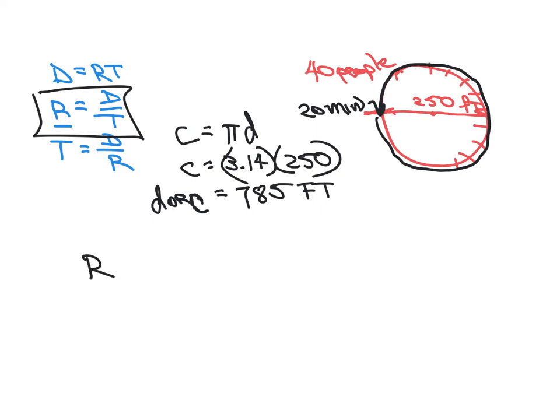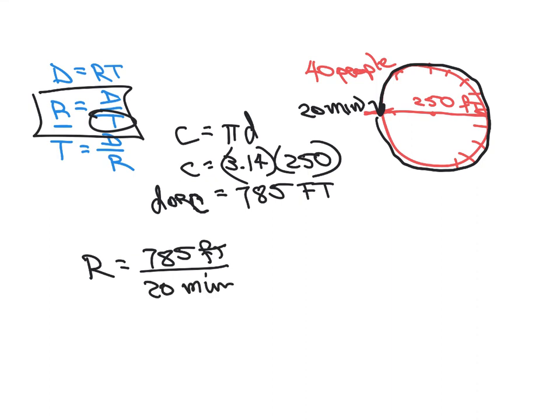So right now we have rate equals the distance over the time. How much time do we have? It took this guy 20 minutes to go all the way around there. So we're going to put 20 minutes underneath, because in this problem here it's time.